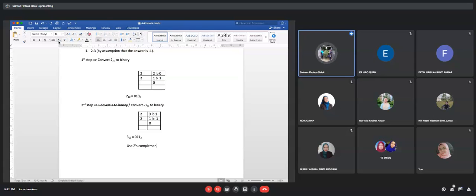Two's complement is the combination of first complement plus 1. First complement is we flip the number, plus 1. So what's the flipped number? 1100. 1100 plus 1.